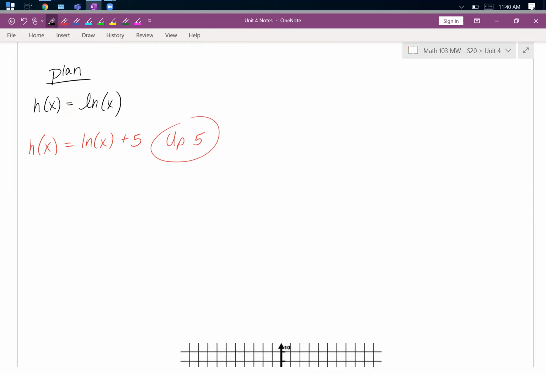We want to get points for our parent function, which is natural log of x. Is that one that our calculator can handle? Yes, actually, it is. So we don't need to do that additional step of finding the exponential inverse.